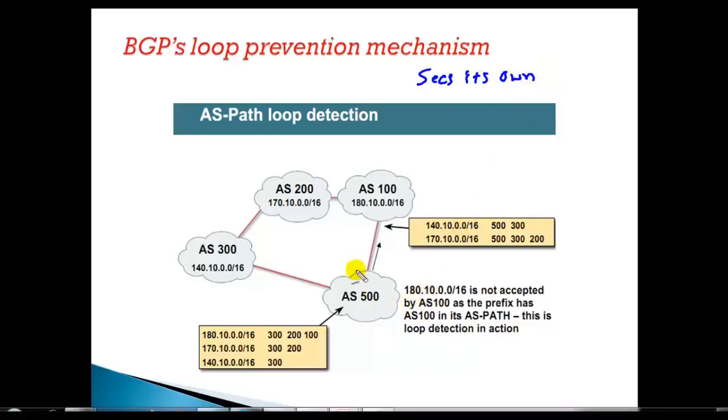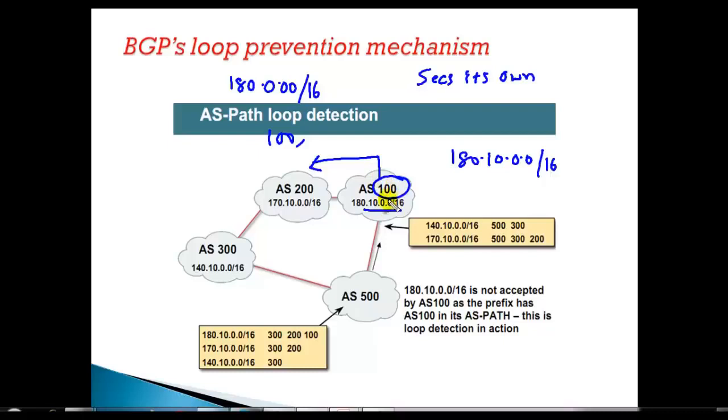Take an example, I got this network 180.10.0.0/16. Now this network is originating from AS 100. When it sends to the next AS, it is going to carry the network information like 180.10.0.0, and it is going to carry the autonomous system path information saying that it is coming from 100.